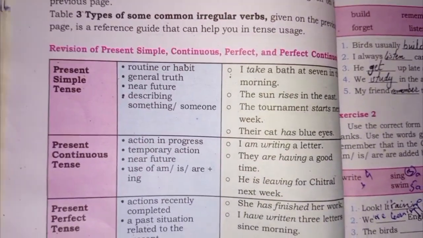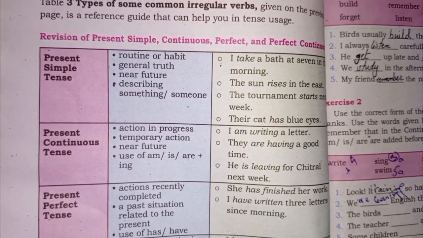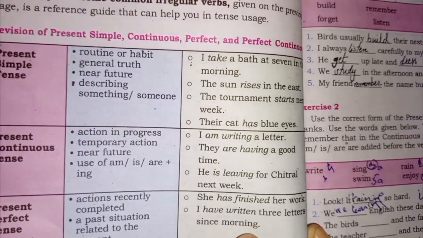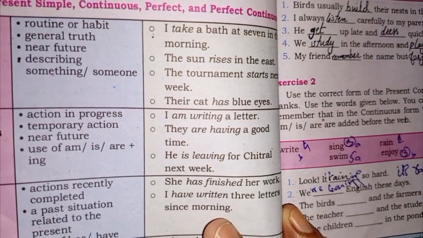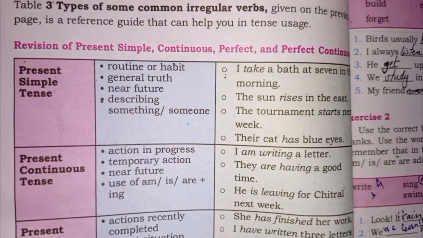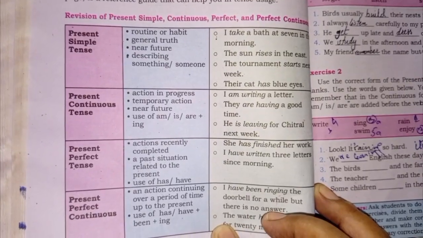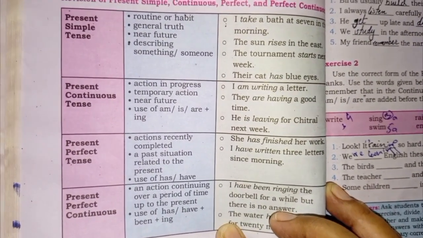Now come to the revision of the present simple, continuous, perfect and perfect continuous. Here it has been explained. You already know that there are four sub-forms of each tense.